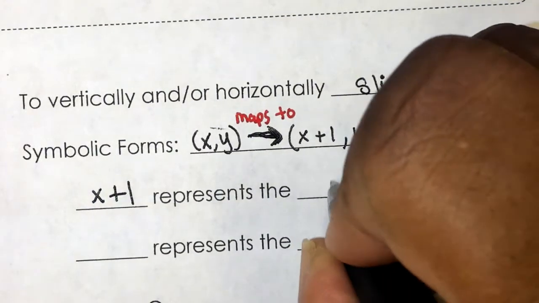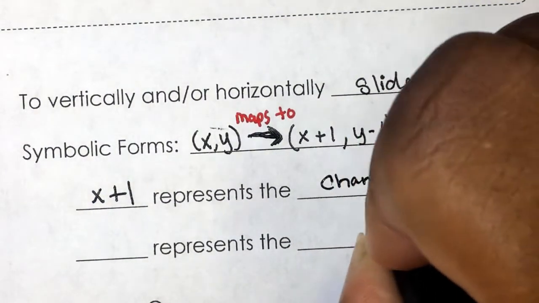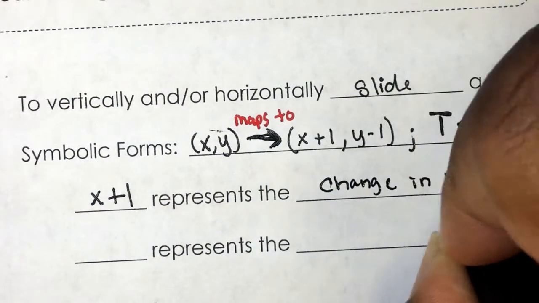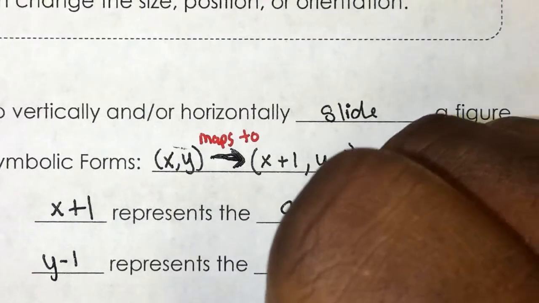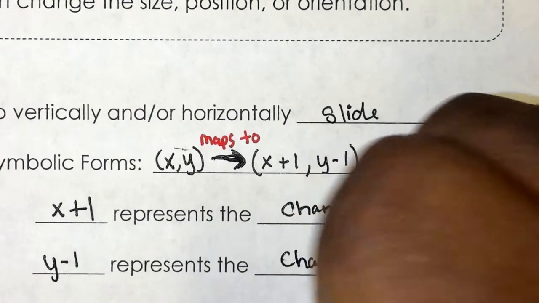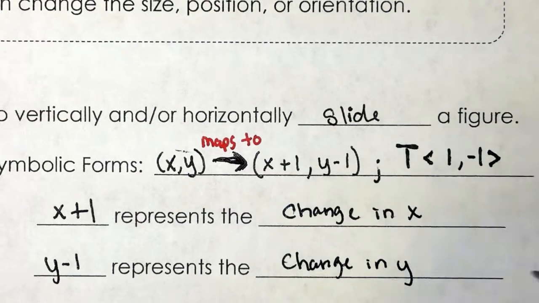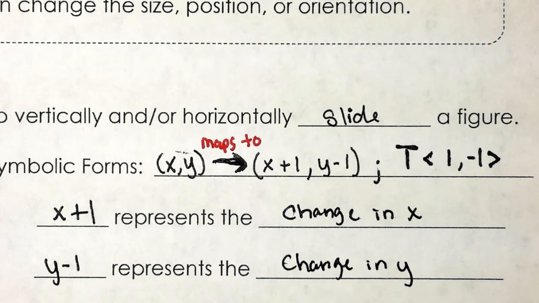So like I said, in both of those, the x plus 1 represents a change in x. The y minus 1 represents a change in y. Don't worry about the or, I never fill that out.